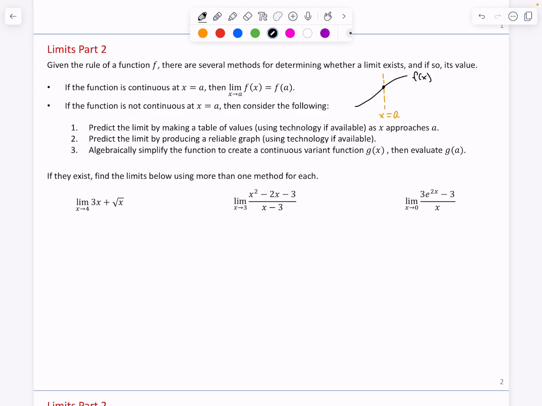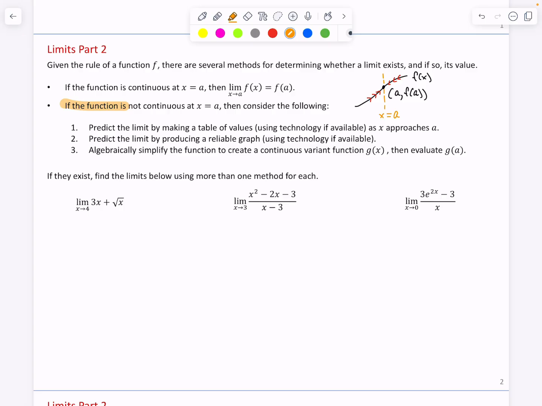So there'd be an implied point here, whose coordinates would be a, comma, f of a. Now as x gets closer to a from the left, the outputs of the function get closer to this f of a. And as you approach a from the right, the same thing happens. So if you know that a function is continuous, finding a limit is as easy as plugging in that value a into the function and getting the y-coordinate.